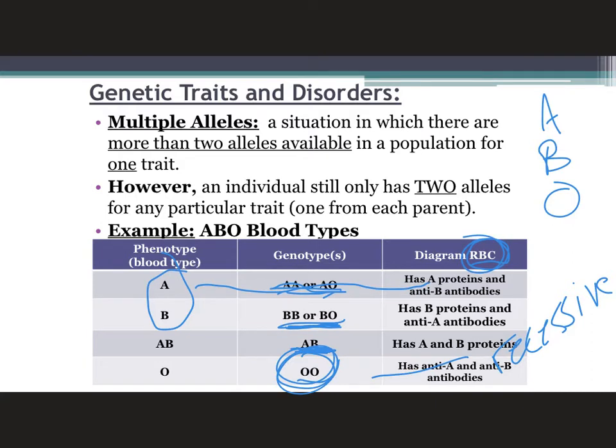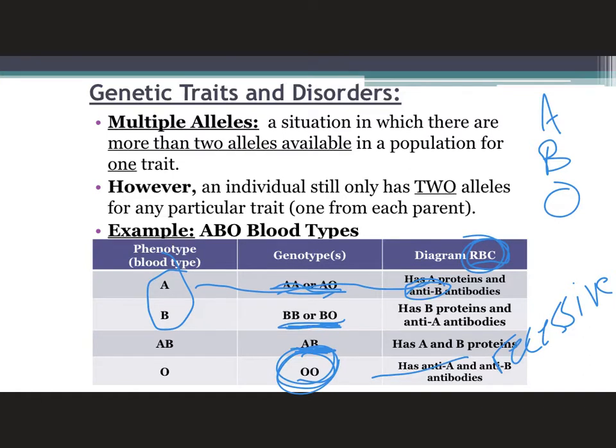So antibodies fight off foreign things that are not supposed to be in your body. If you have type A, you're supposed to have type A proteins. The type that you're not supposed to have is type B, which means you're going to have anti-B antibodies. Opposite with type B. If you're type B, then you have B proteins and you have A antibodies in order to recognize that you're not supposed to be type A.